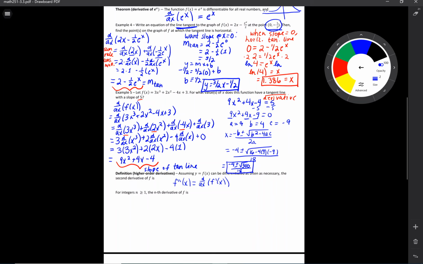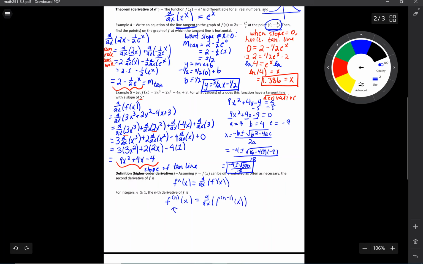After a while, these prime symbols get a little bit hard to read. So after the second one, we write it like this: f to the power of n, written in parentheses, of x, is the nth derivative, and it is equal to the derivative of the n minus first derivative.